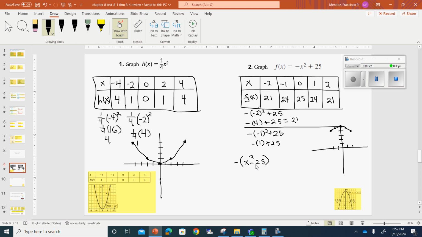If I have a negative 25, a number that I can get the square root of, then I can say that this is really a negative times x squared minus 5 squared. And this is going to turn to negative, x plus 5 and x minus 5.